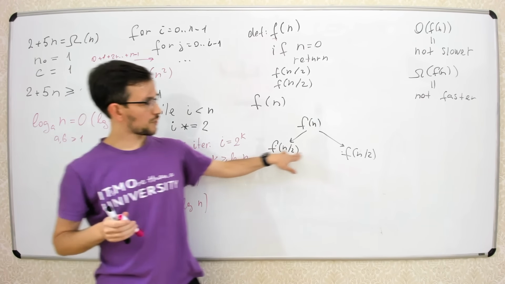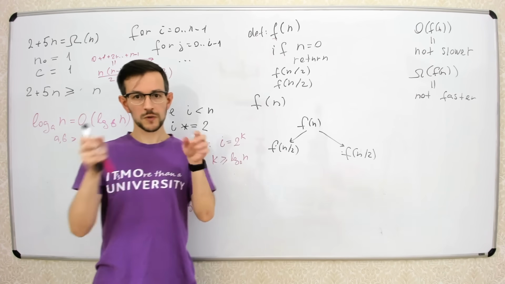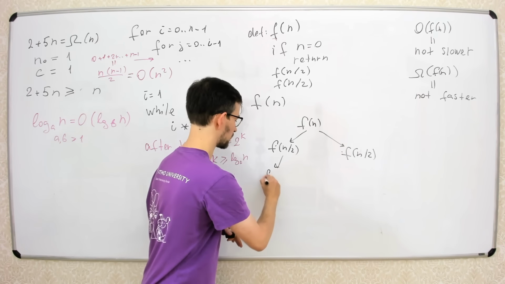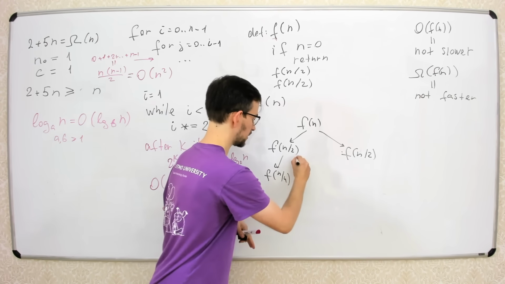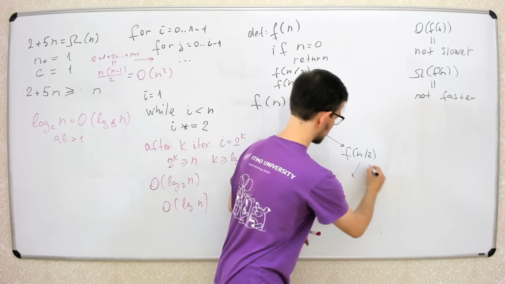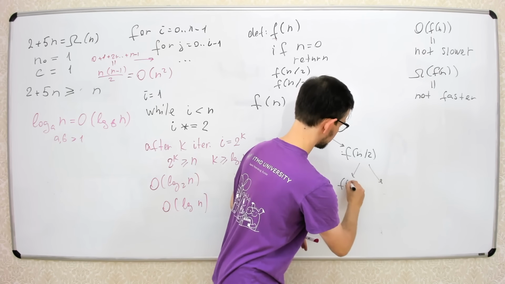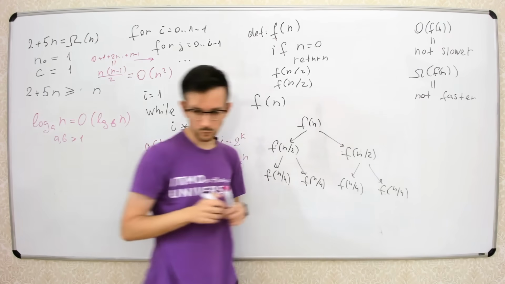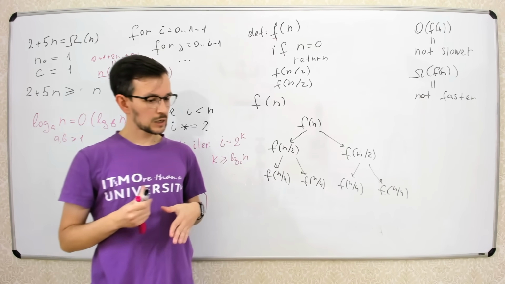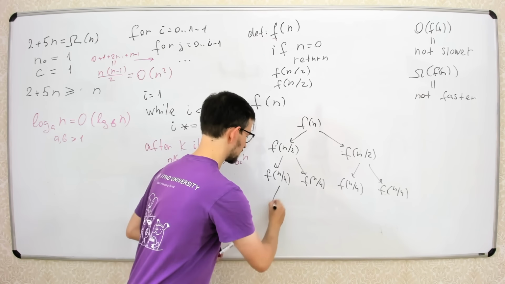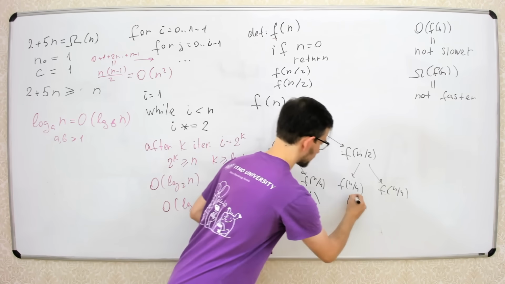Now, each of these recursive calls will also make two recursive calls. So from here you have call of n over 4, and again, and here the same. And so on. So here you have another two calls, and here we have two calls.